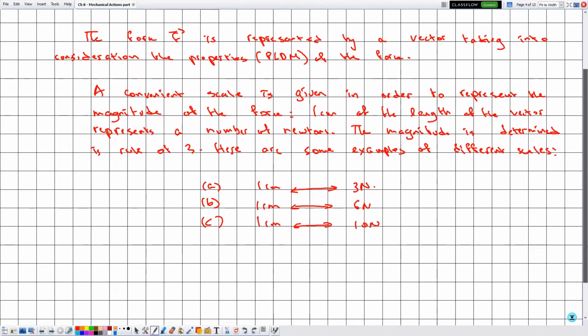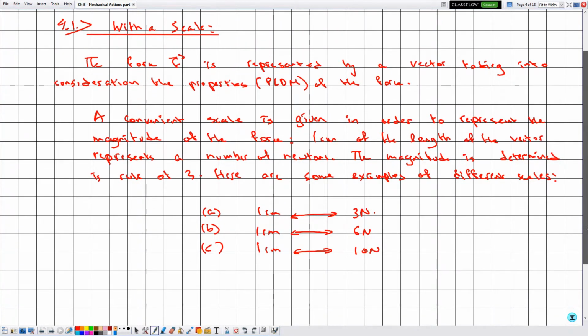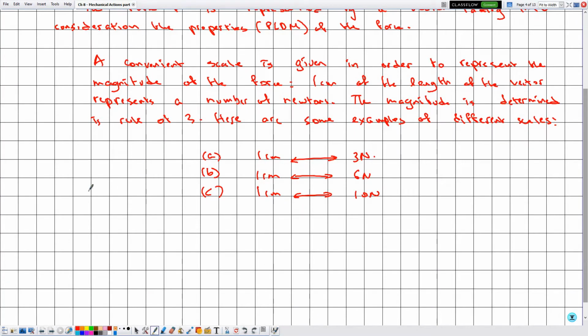Now another representation is given by without a scale, which is 4.2.